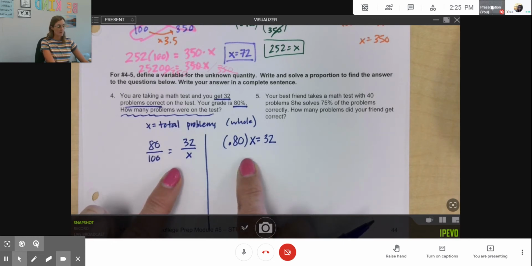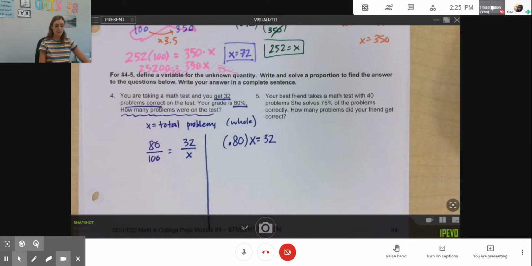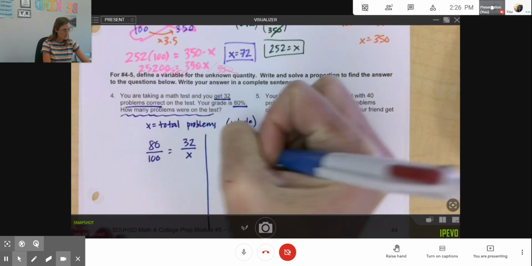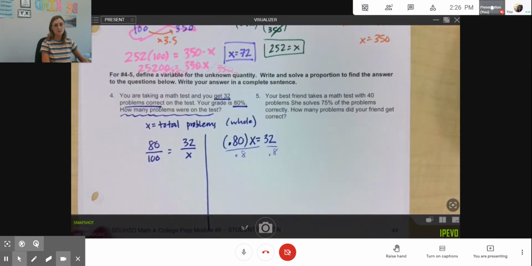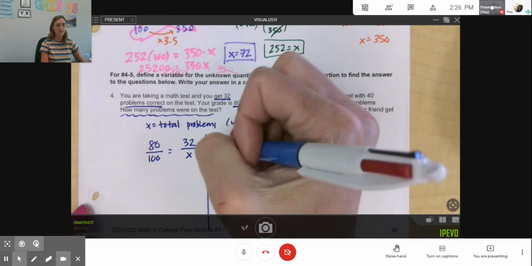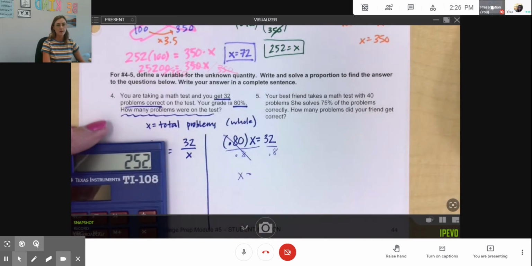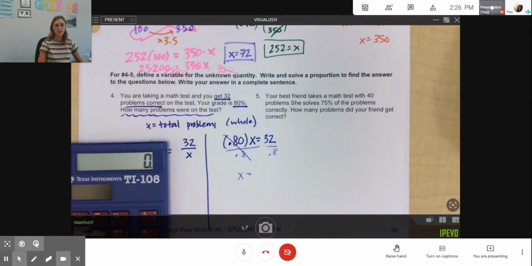So if I go to solve this one, I have to think about how I would get x by itself. In this case, I would get x by itself by just dividing by 0.8 on both sides. So 0.80 divided by 0.8 will cross out and isolate x.